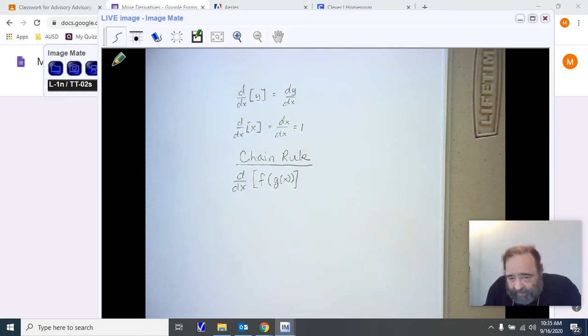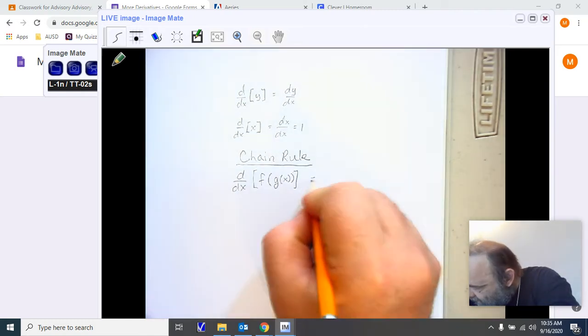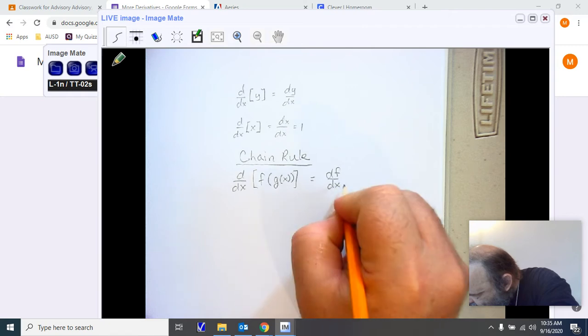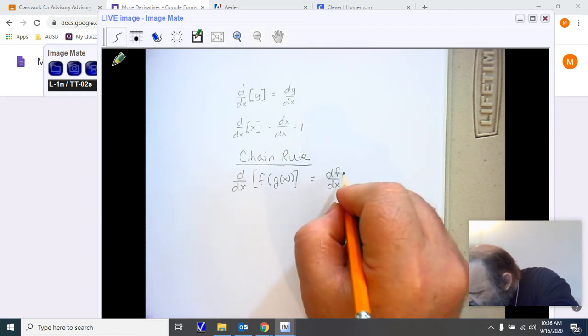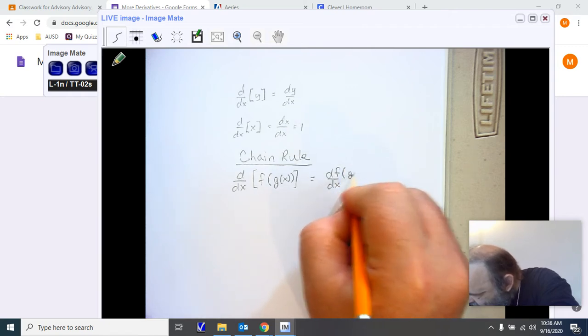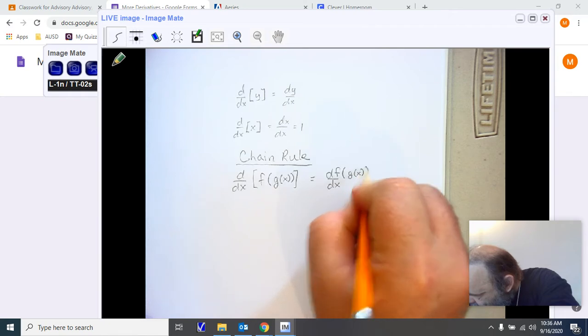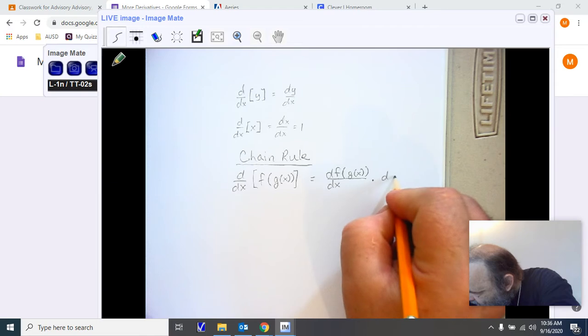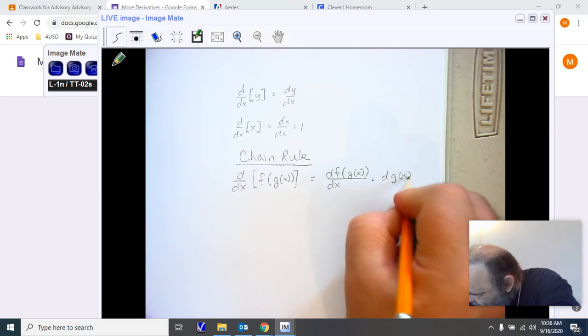Well, we have to deal with almost a reverse situation now. What we're going to do is find the derivative df/dx, and we're going to leave the inside g of x alone. And then we're going to multiply by the derivative of g of x.